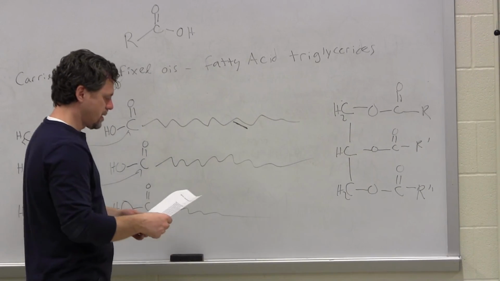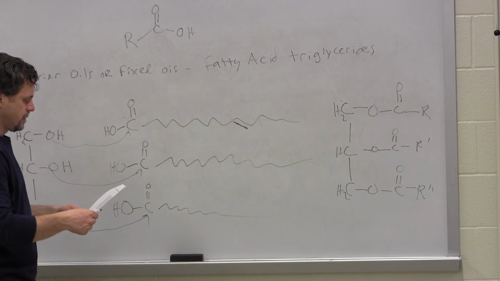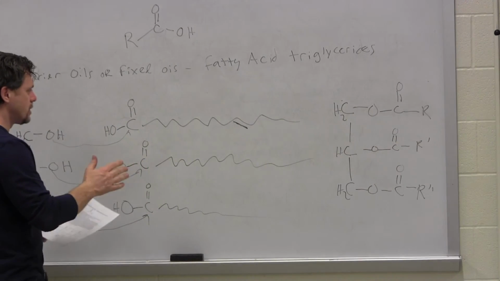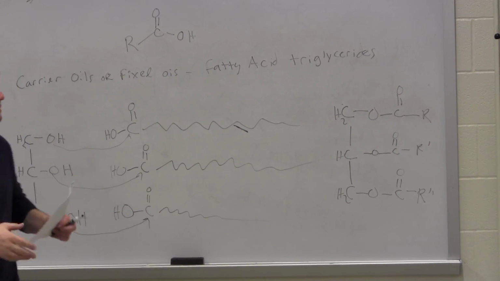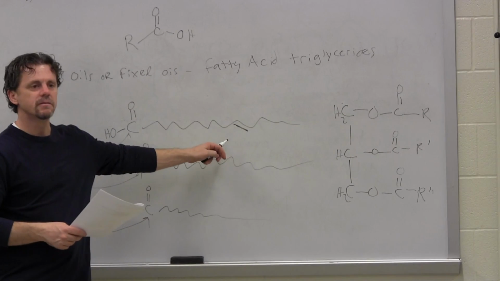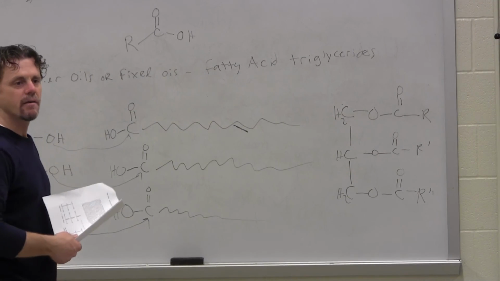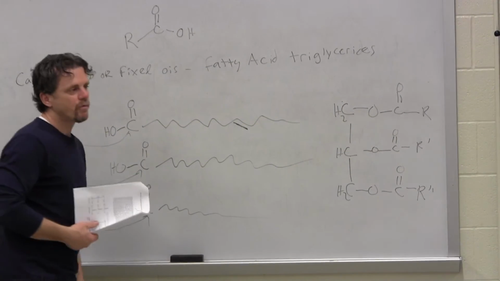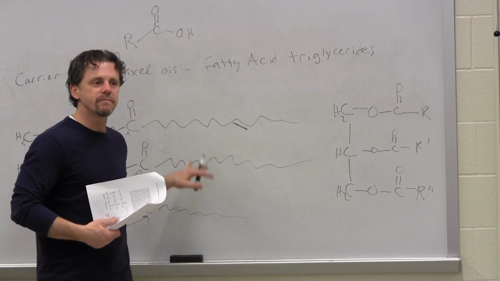You'll have this in the notes, but most plant oils have these degrees of unsaturation. So vegetable fat is unsaturated fat, whereas animal fat is saturated fat, which means these fatty acid side chains are completely hydrogenated.